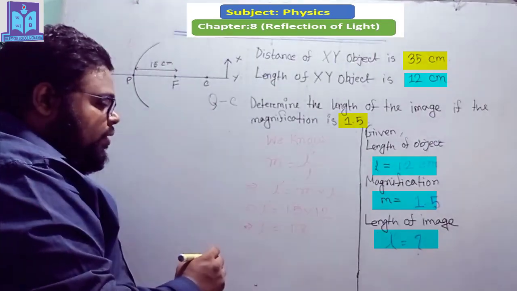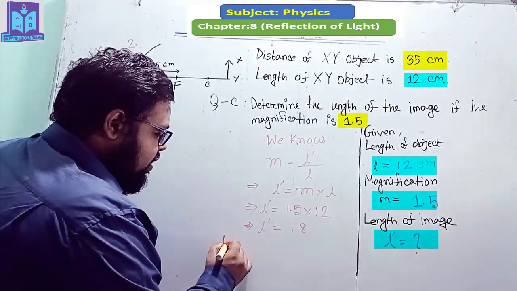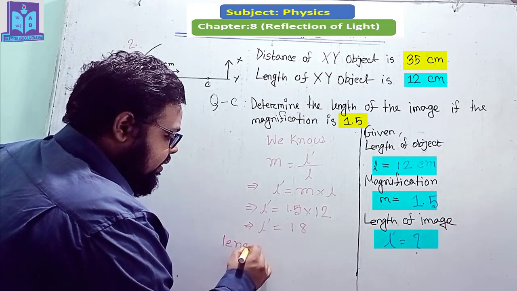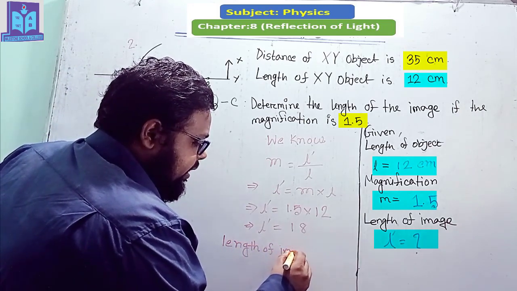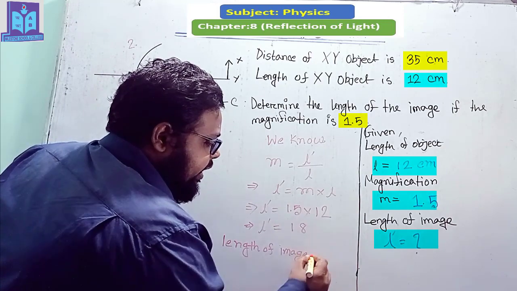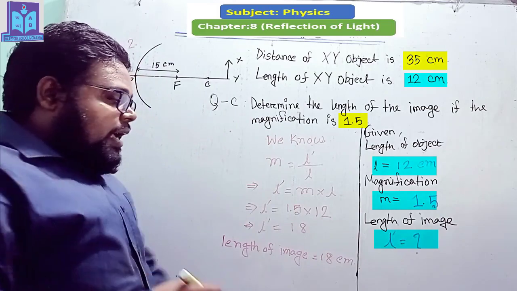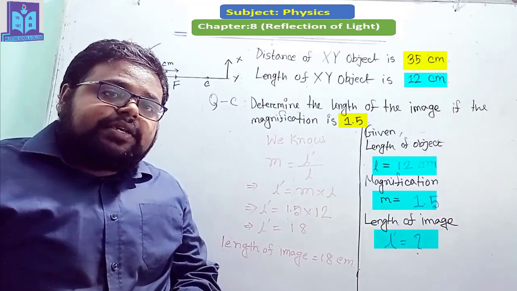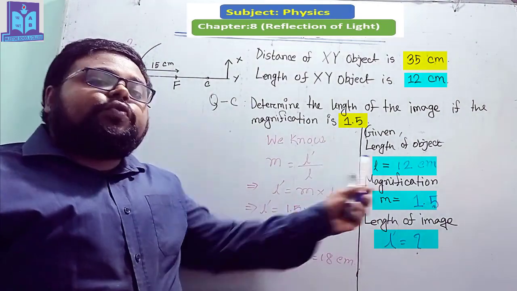So the length of image will be 18 centimeter. The length of image equals 18 centimeter. I hope all of you understand how to find the length of image by using these two values.